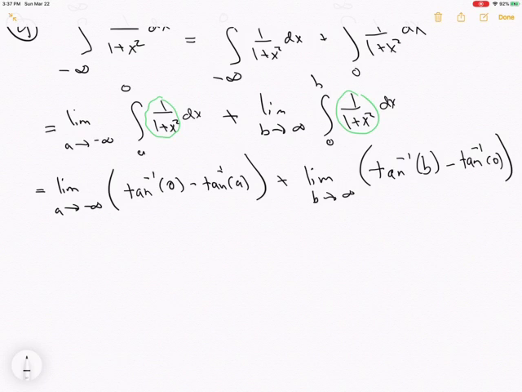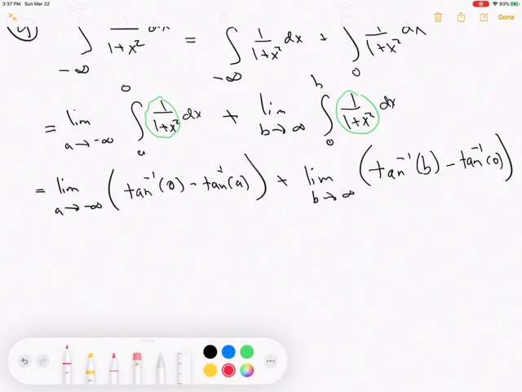Cool. And now you want to know, what is tan inverse of 0? So you want to know what angle has tangent equal to 0. Again, you're welcome to use a calculator.